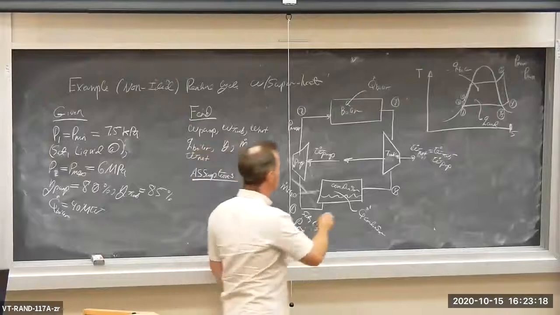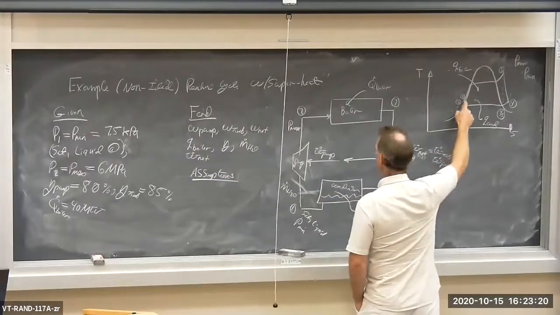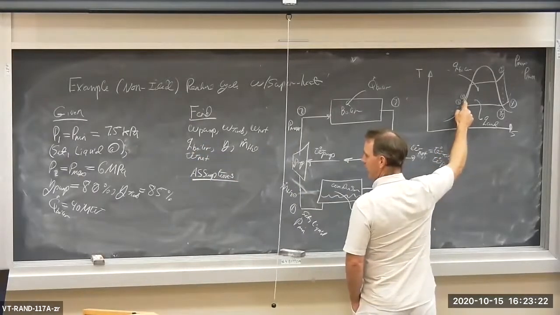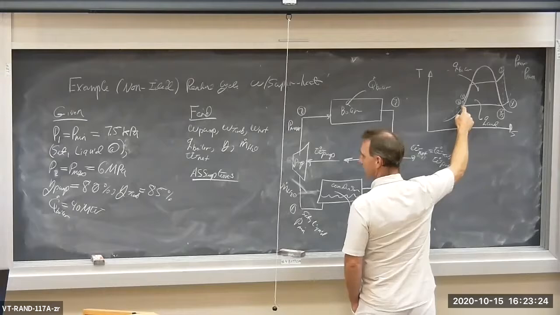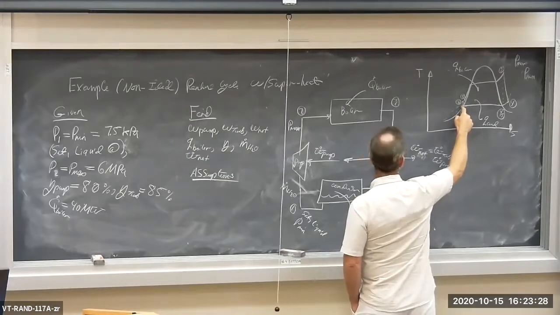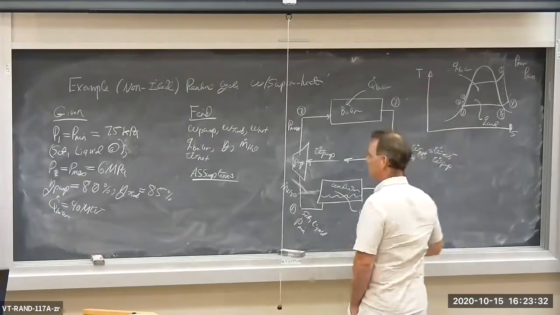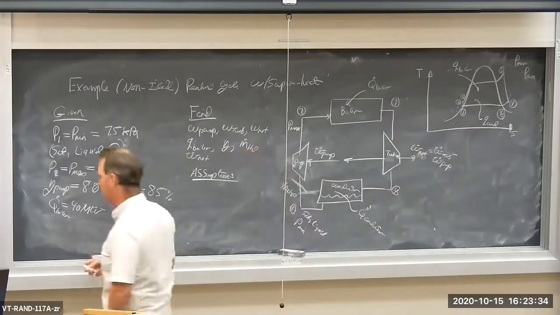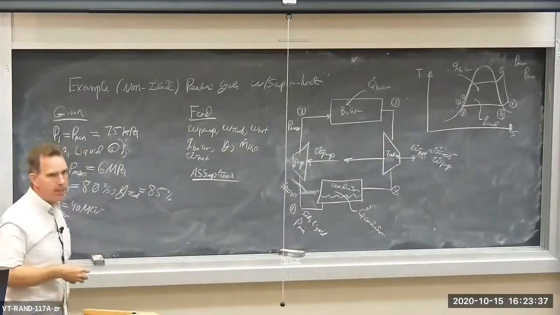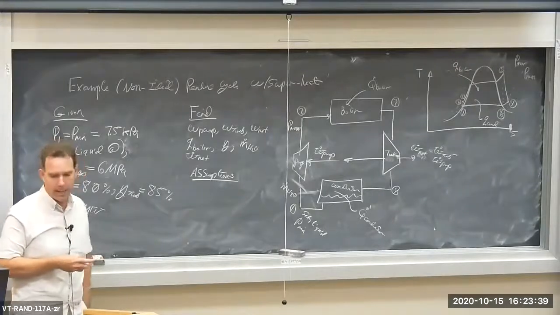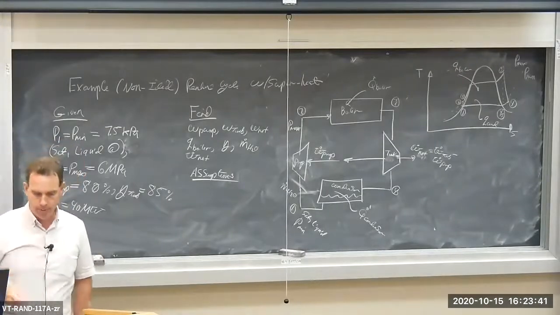It's 6 megapascals. I know what the initial pressure is. I know it's a saturated liquid, so I can get an inlet enthalpy. But I don't know anything about state 2 except pressure. I need two properties to get an enthalpy so I can apply the energy balance and get a specific work.